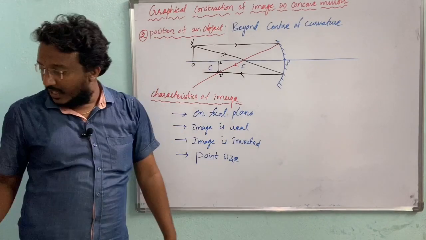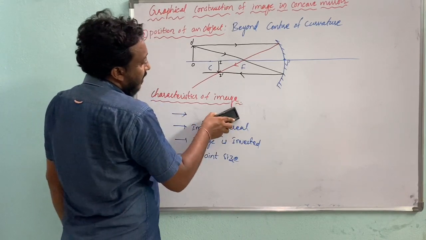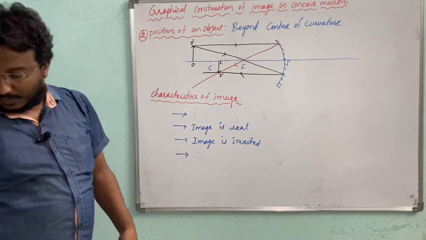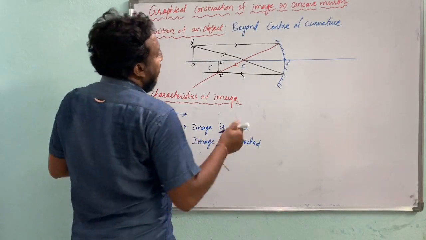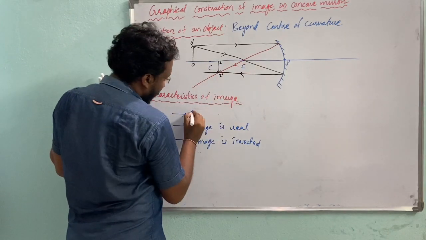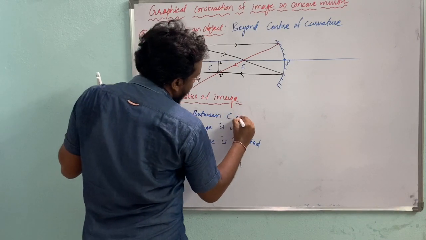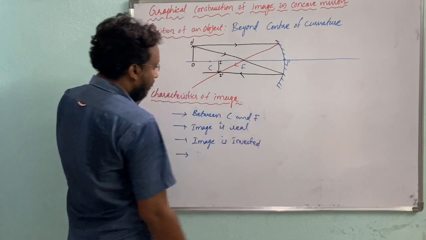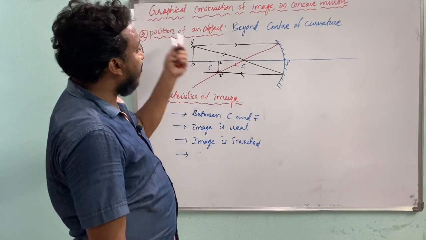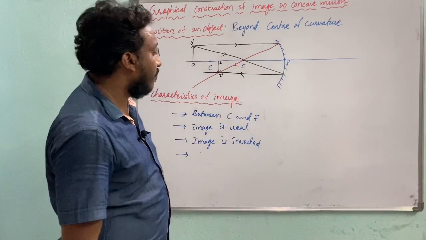Now we have to write the image characteristics. In image characteristics, the image is formed between C and F. Between C and F means between the center of curvature and the focus. If the object is beyond the center of curvature, the image forms between the center of curvature and focus.